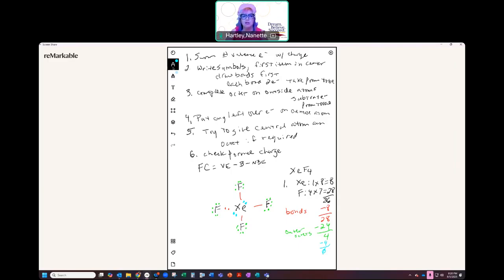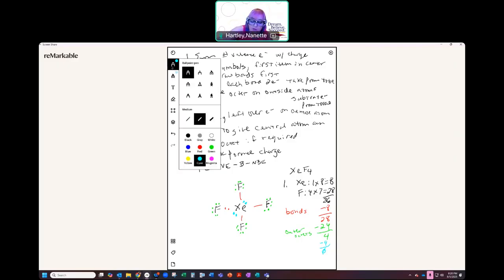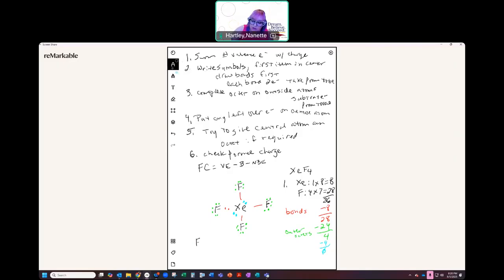There's one more thing that I need to do. I need to come up here and calculate the formal charge. So I'm going to do the formal charge for Xe, and I'm going to do the formal charge for F. Because all of the F's look the same, they'll all have the same formal charge. The first thing I want to do is the valence electrons.